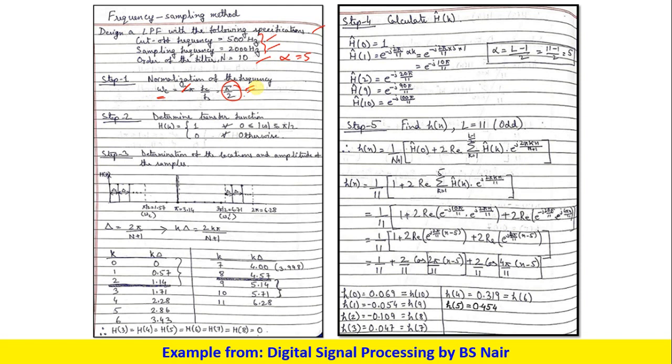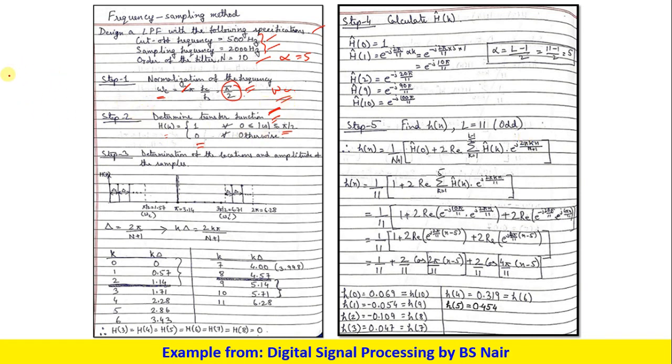Now the next step, once we have found out omega c, is to determine the transfer function. The transfer function is given by H(k) equals 1 for modulus of omega from 0 to pi by 2, as we have already discussed, and 0 for other frequency components. Now the gameplay changes.